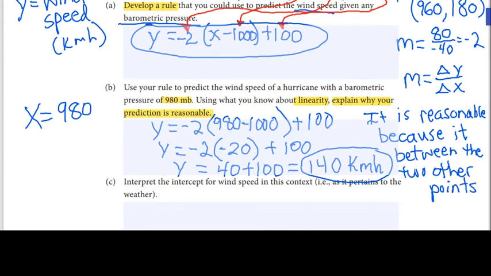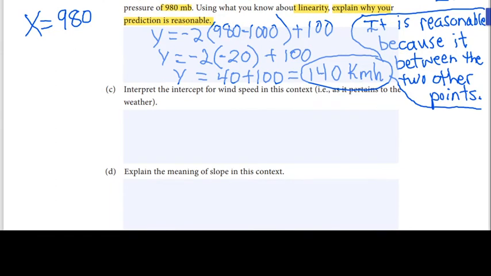Okay? And you could say more specifically halfway between the two other points, but just to save some space here, that's good enough. Okay? All right, so that's part of my answer. So now we have A and B complete.